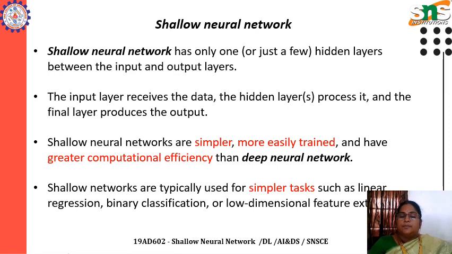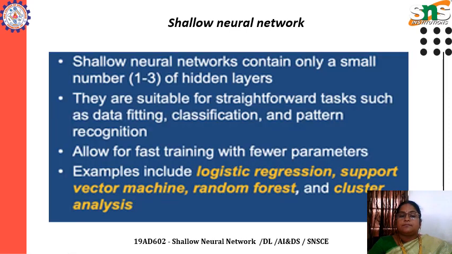So it mainly performs simpler tasks, for example linear regression, binary classification, and low dimensional feature extraction. A shallow neural network contains a small number of hidden layers, as I already explained. How many hidden layers can we have? Fewer than 4, so 1 to 3 hidden layers in a shallow neural network.